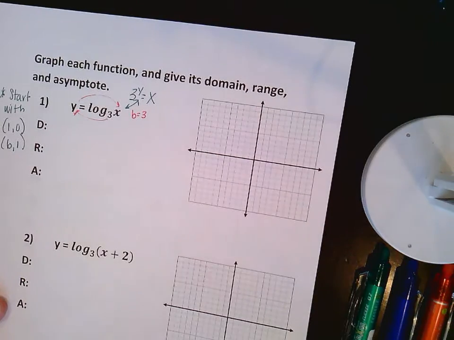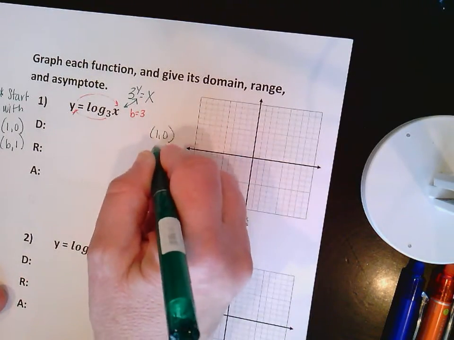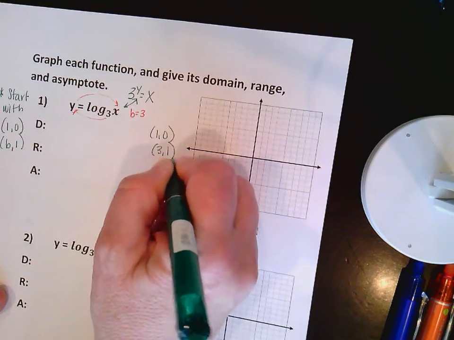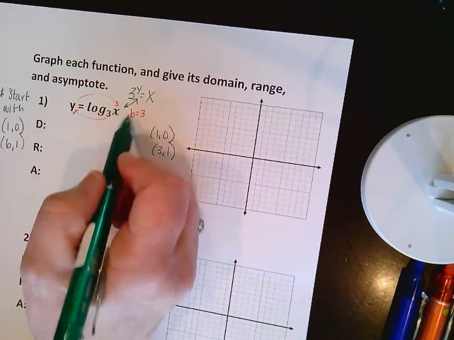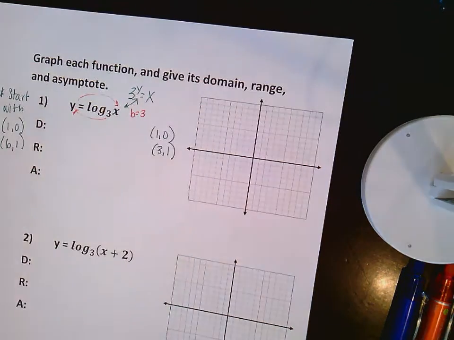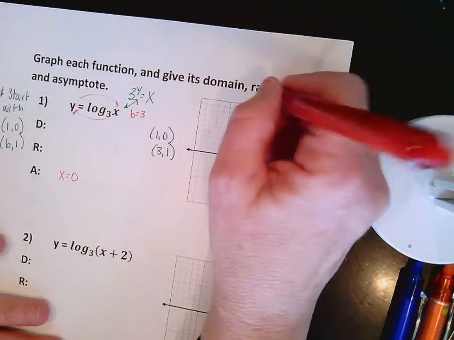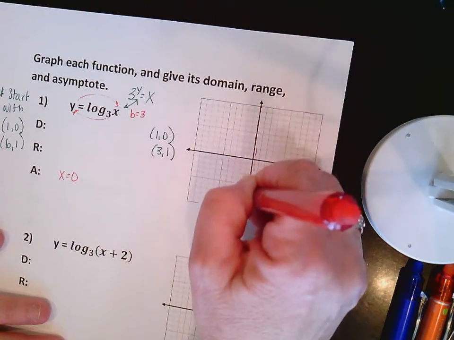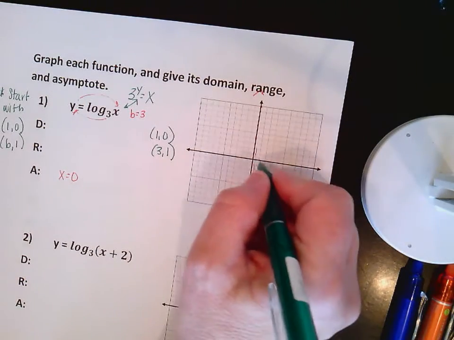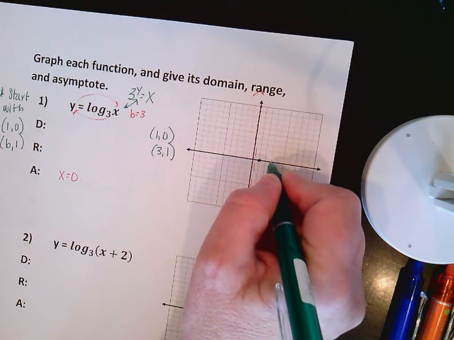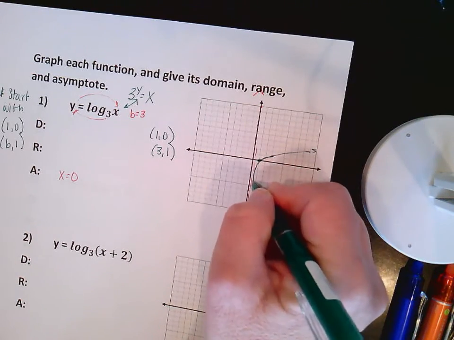So the points that I'm going to use are (1, 0) and (3, 1). I don't have anything being added or subtracted from x. So my asymptote is just going to be x equals 0 because I don't have an h. So it's going to be this. My points are (1, 0) and (3, 1), which means it's going up this way and then down this way towards my asymptote.